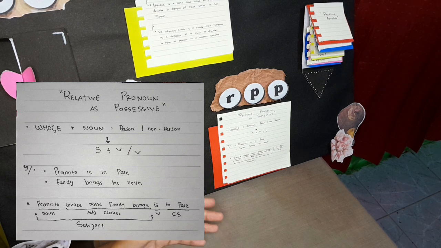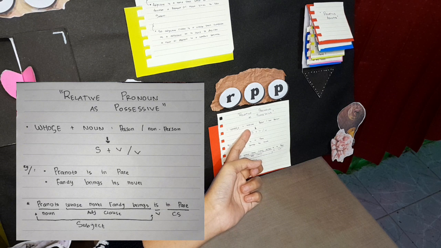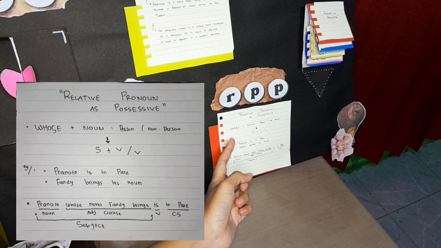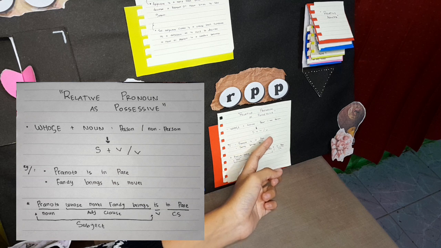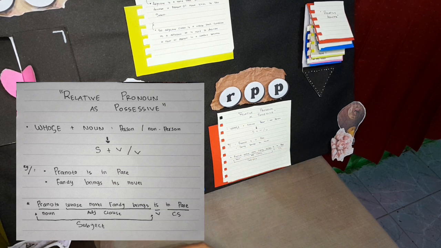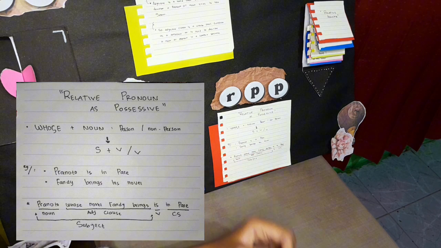Here, we have whose plus noun. So, it is different from other conjunctions where it's bound to a noun. So, there has to be a noun after the word whose. So, whose plus noun can describe person or non-person and is followed by subject and verb, or verb.